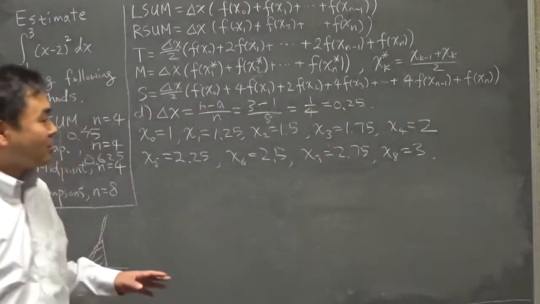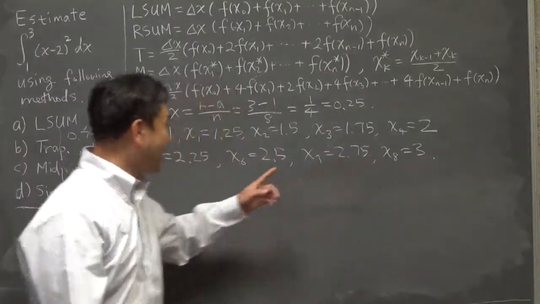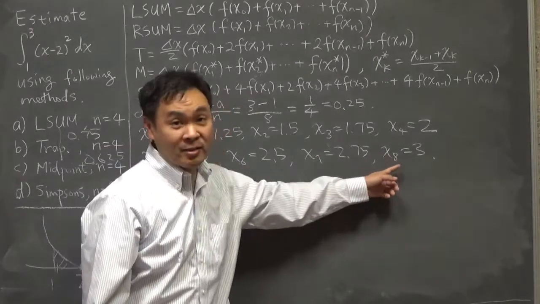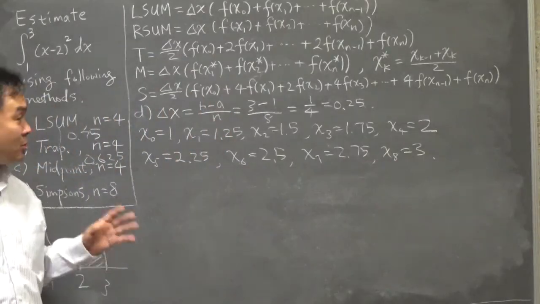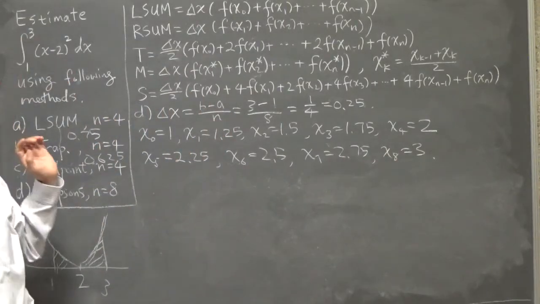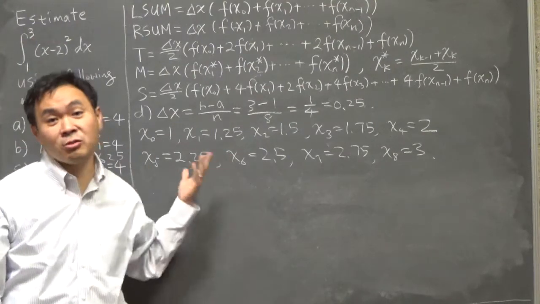Now make sure that the last one, because n is 8, this is our xn, and this last one does agree with the right endpoint. If it doesn't, then you made some mistake.